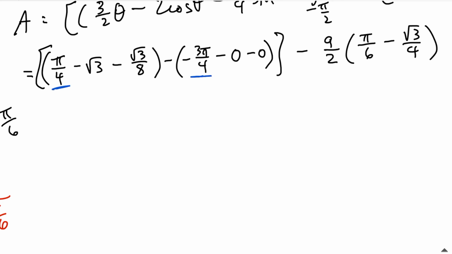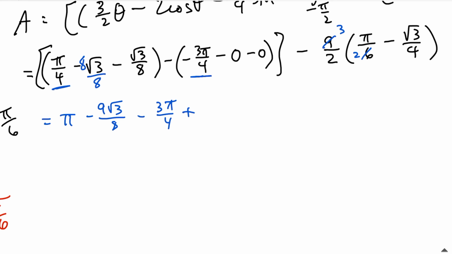So let's just look at terms here. That's going to be positive 4 pi over 4, so just pi. And then I guess we could make this 8 rad 3 over 8, so it'll be minus 9 rad 3 over 8. And then we'll subtract, so 9 times pi over 6 is going to become 3 pi over 4.